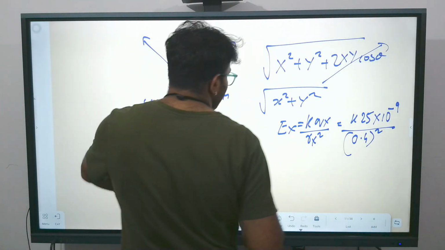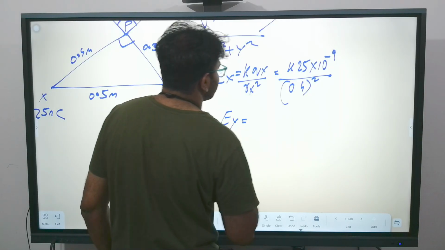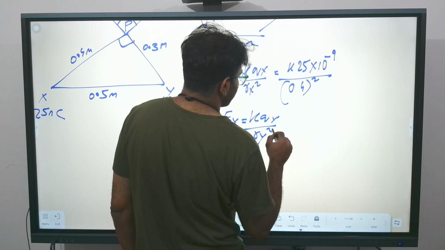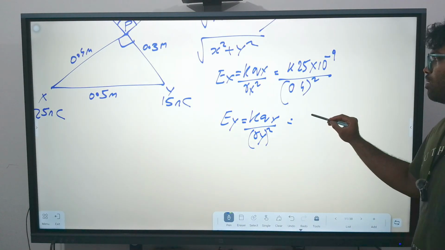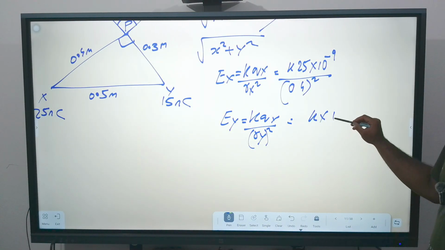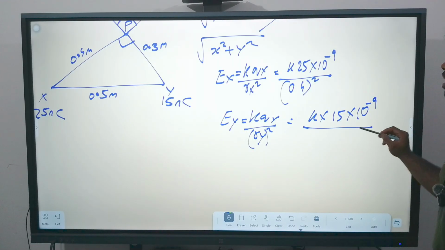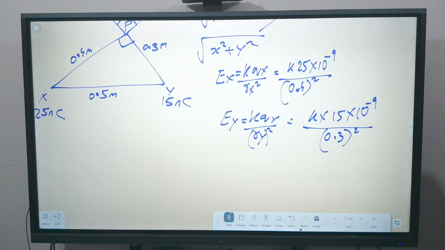And E of y is equal to k q of y upon r of y the whole square, which is equal to k multiplied by 15 into 10 to the power of minus 9 upon 0.3 the whole square.